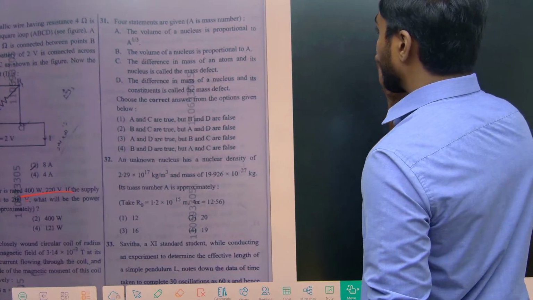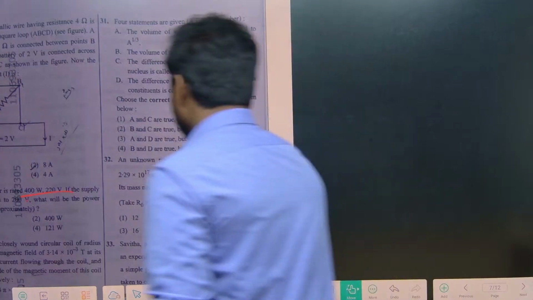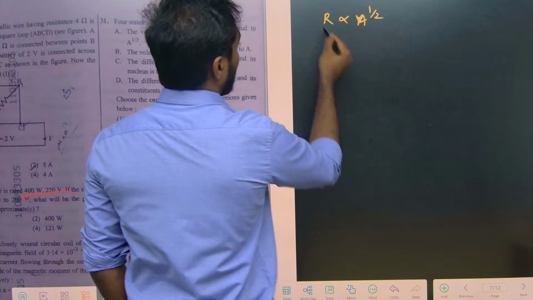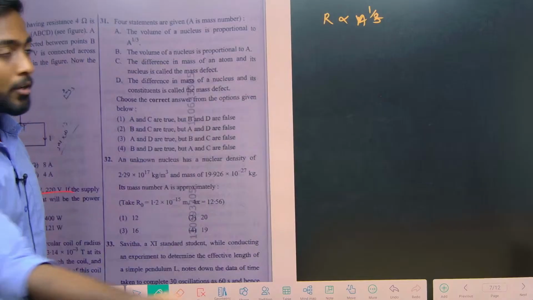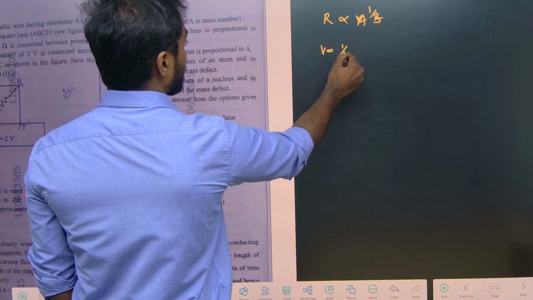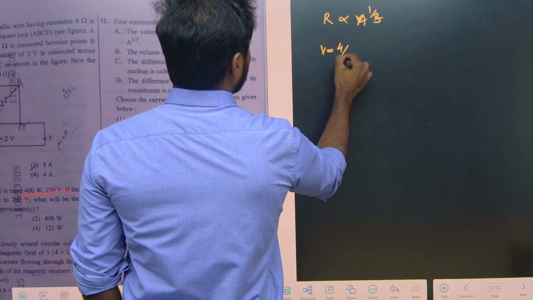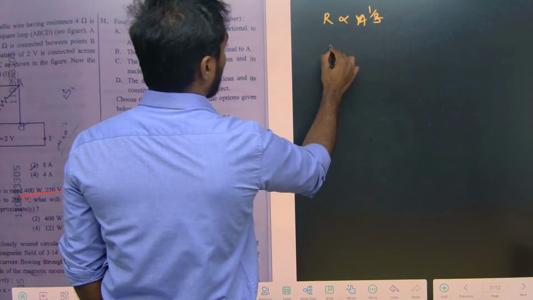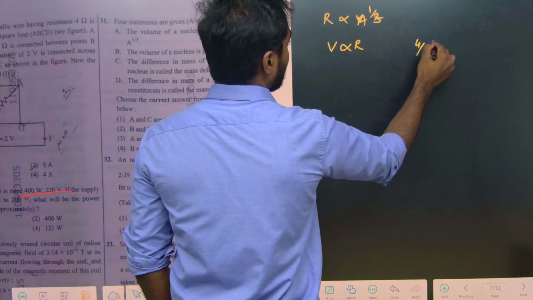So 4 statements are given. The volume of a nucleus is proportional to A power 1/3. The radius R is directly proportional to A power 1/3, and R cube is the volume, so volume V is 4/3 pi r cube.